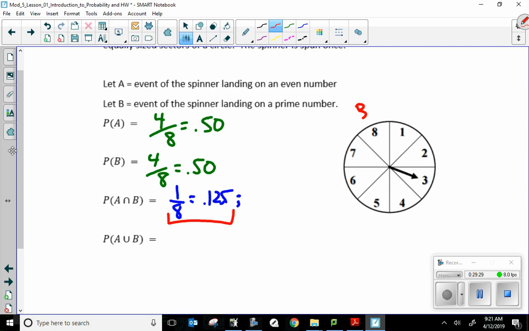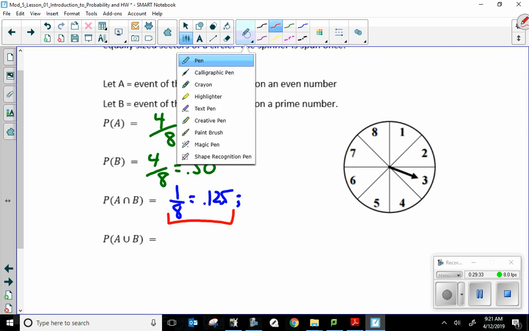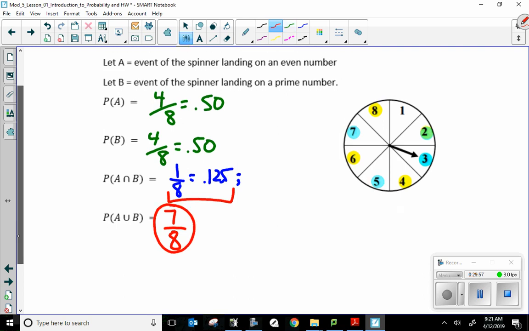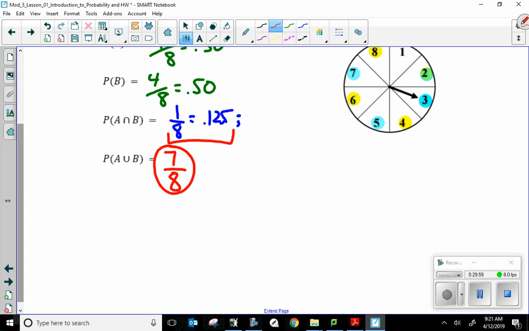We want either even numbers, 2, 4, 6, 8, or prime numbers, 2, 3, 5, 7. That is 7 out of the 8. Done.